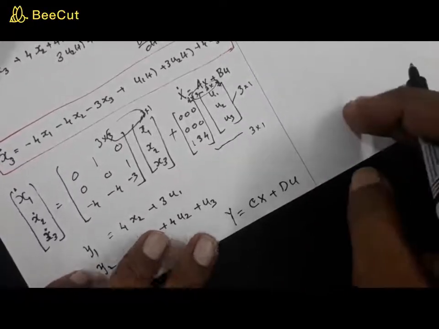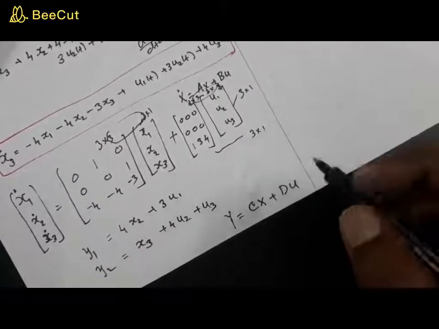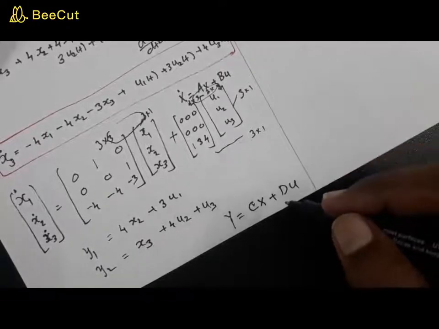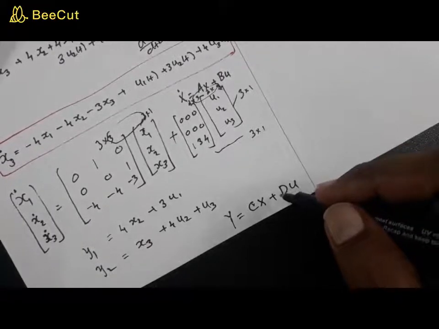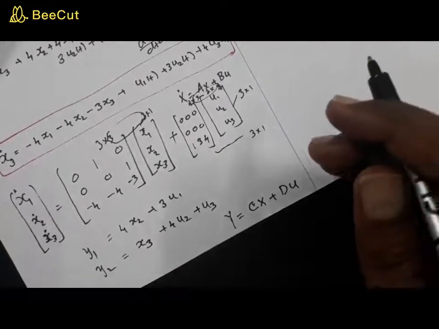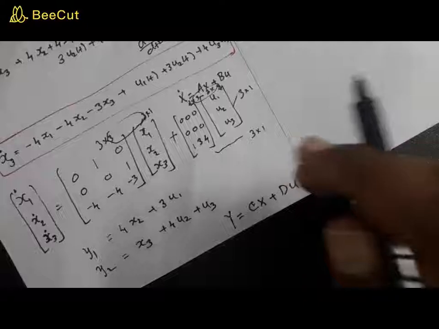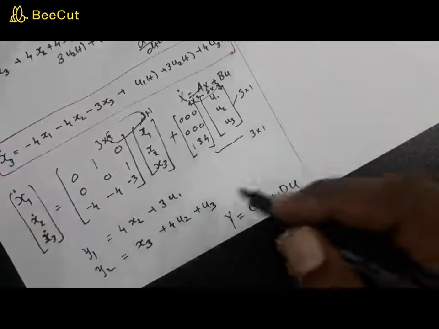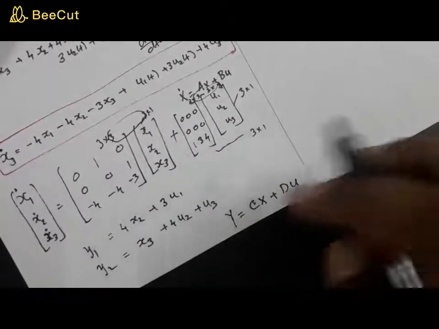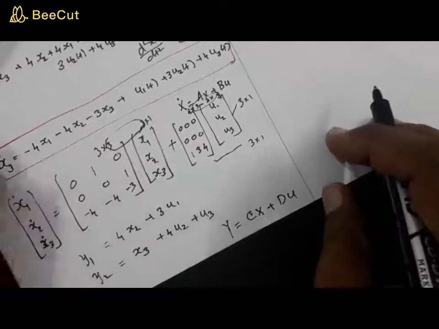Do remember, in the previous two problems we don't have any u over there. We have simply written it as 1 0 0 like this. Now this is of the form cx plus du.